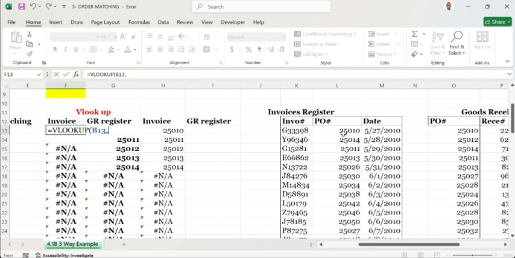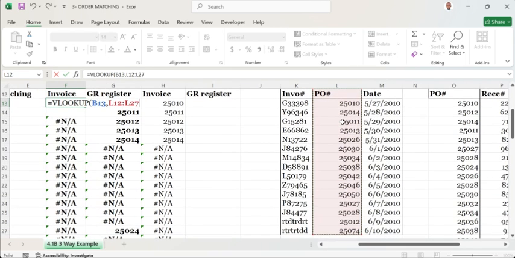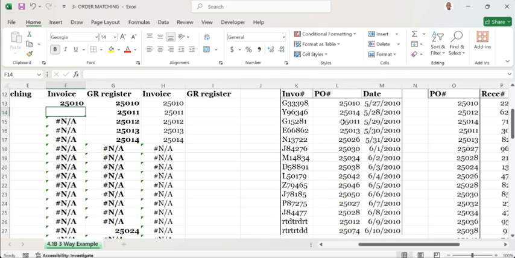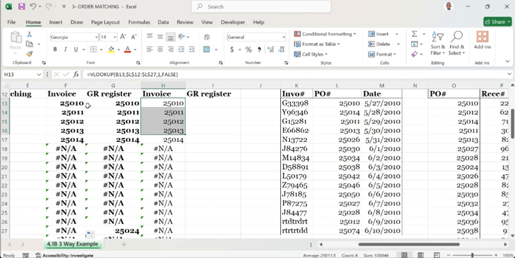This weight is not behaving. Column number 2.